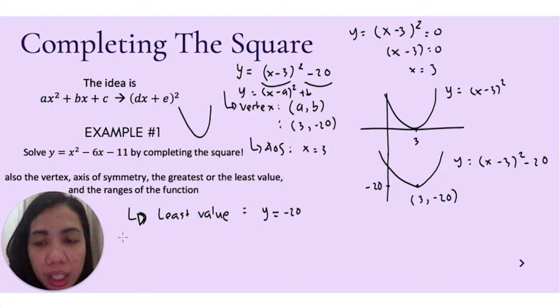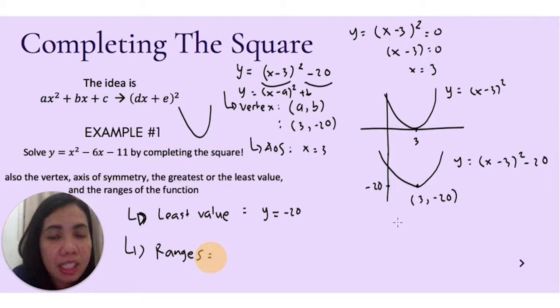Okay, now the last thing is the range of the function. The range is the set of all values of y where the parabola sits. So here, the parabola only sits from minus 20 upwards. So y is greater than or equal to minus 20.